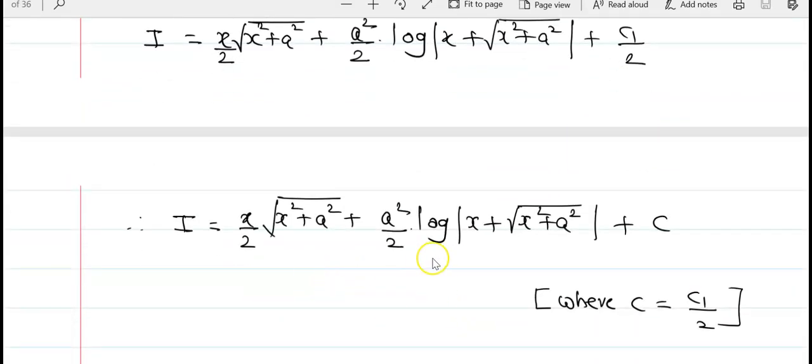And this is nothing but the required formula. I is equal to x upon 2 √(x² + a²) plus a² upon 2 log|x + √(x² + a²)| plus C, where C is equal to C1 upon 2. And now the next question.